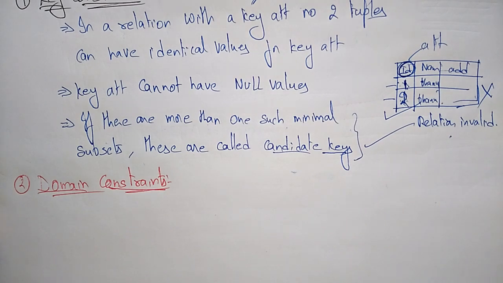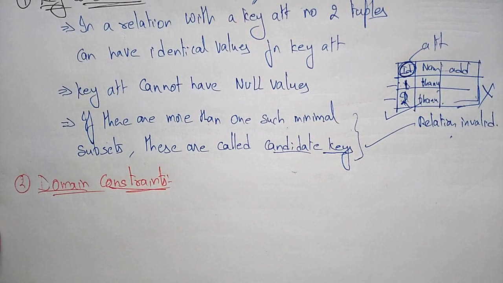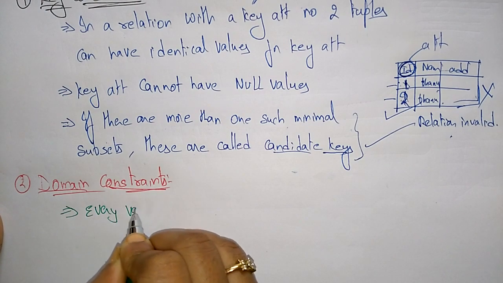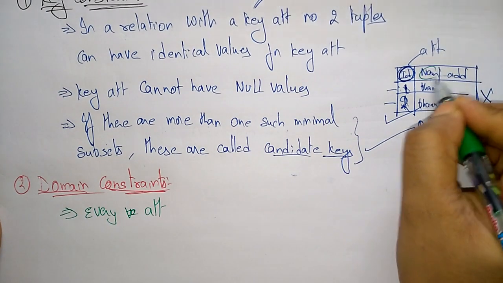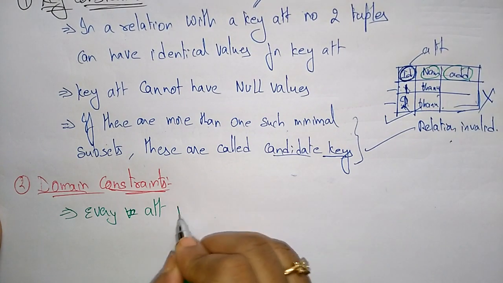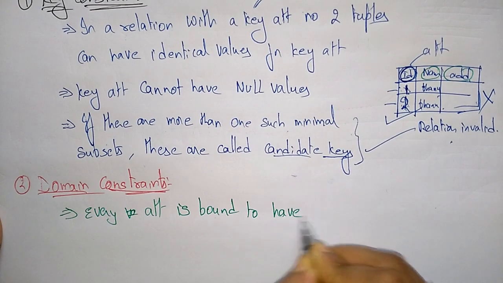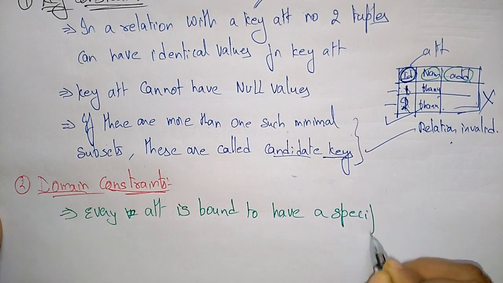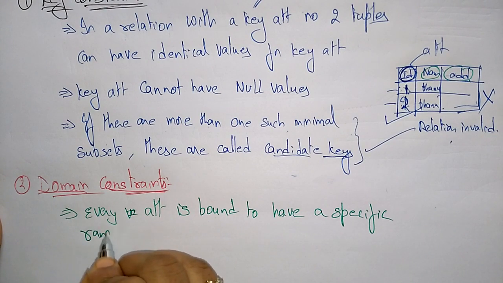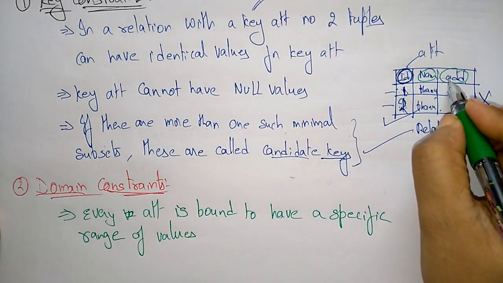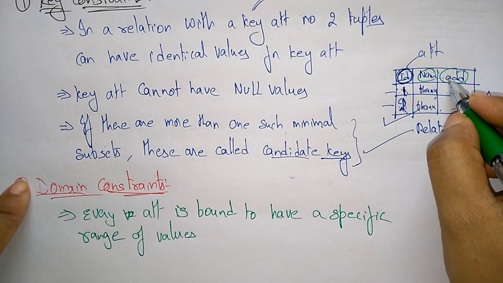The point you have to remember while discussing the domain constraint is that every attribute is bound to have a specific range of values. What it means is that every attribute is bound to a specific range of values.